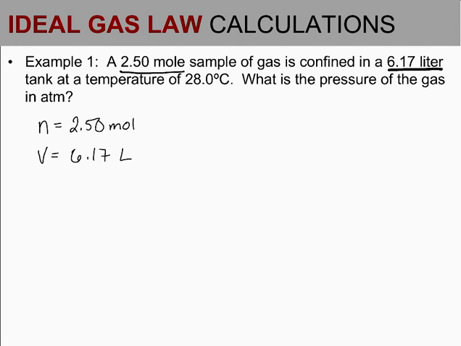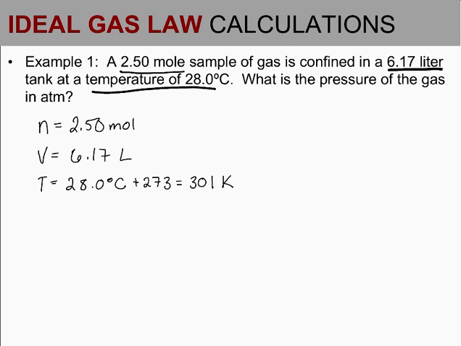And that's the correct unit we want. And then we're also told the temperature is 28 degrees Celsius. But remember, we want our temperature to be in Kelvin. So let's add 273, and that will give us a temperature of 301 Kelvin.